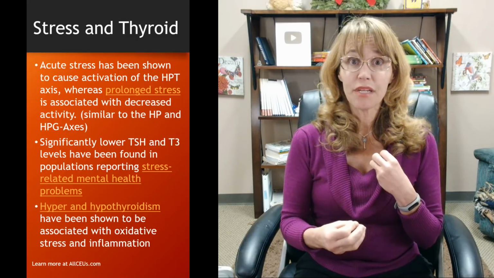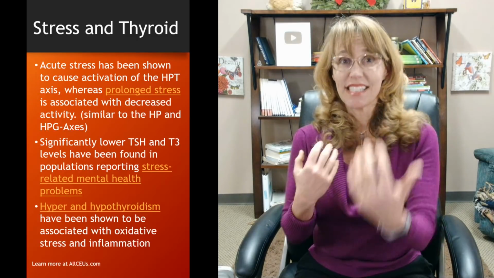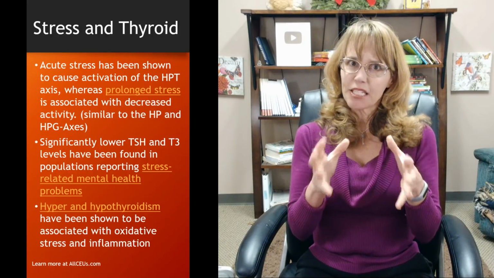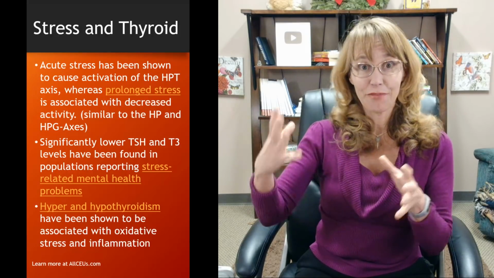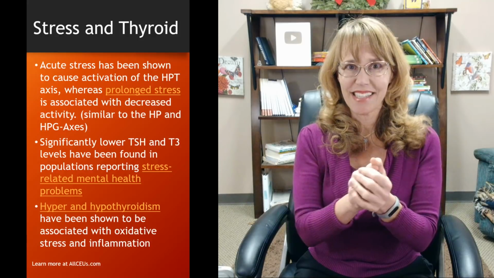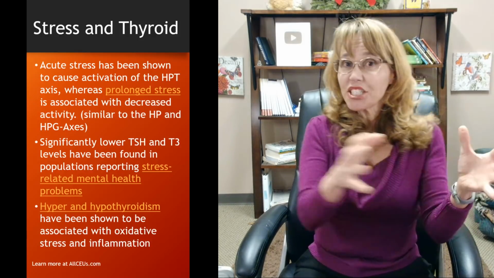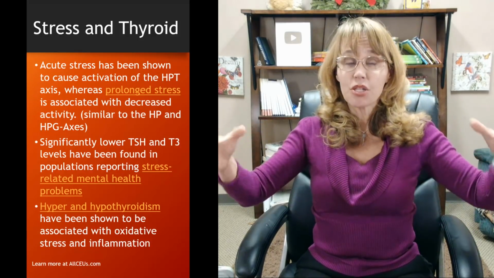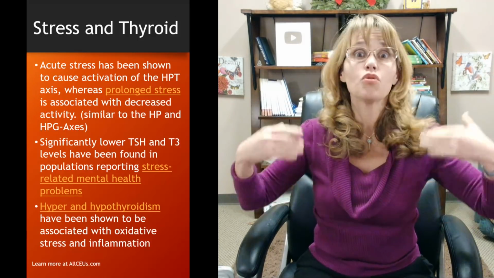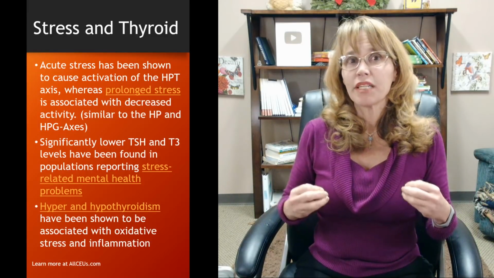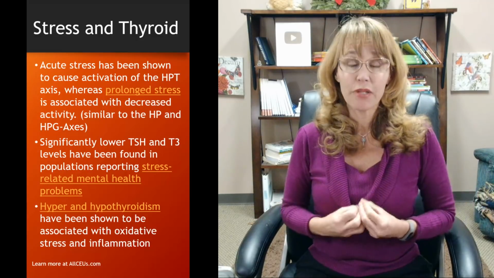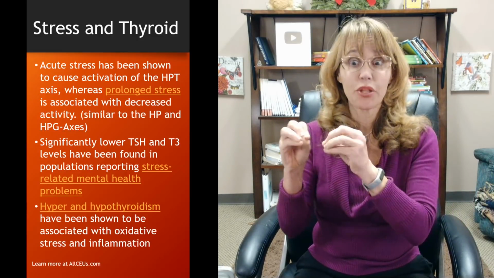Well, hyperthyroidism, the system is running more intensely. And think about that HPA axis again and the HPT axis, the whole stress response system. Initially, the body is going to be secreting a whole lot more energy. It's going to be secreting a whole lot more thyroid hormone to try to respond to this threat.